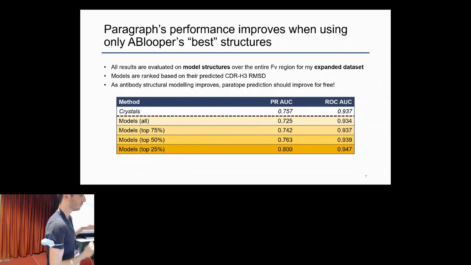Some of this improvement, we have looked into this, is undoubtedly due to shorter H3s, but nevertheless we can still use the model confidence as a proxy for paratope prediction performance. So we still think it's somewhat useful, but definitely shorter H3s are easier to model and easier to predict the paratope of, I think. Great, thanks.